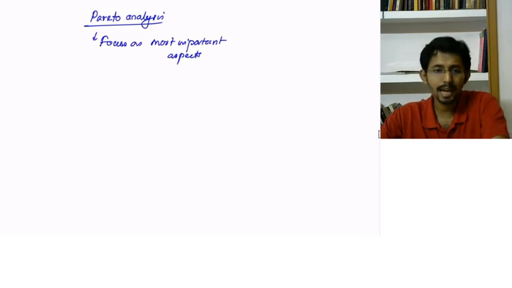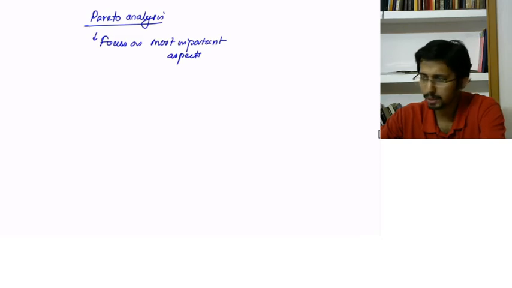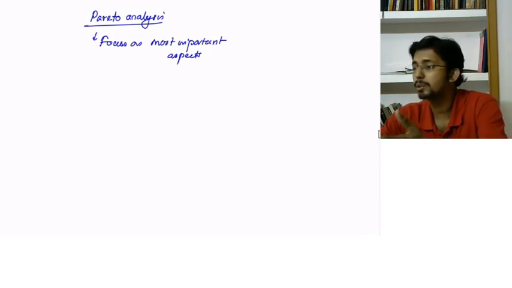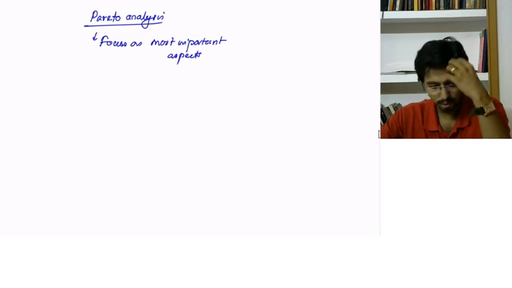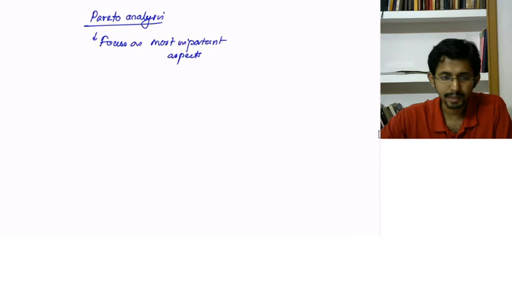On the other hand, the balance 80% of the people may constitute only 20% of your receivables. So you don't have to worry much about that 80%, because they constitute only 20% in value. Okay, so this Pareto analysis advocates focusing on the most important aspects.